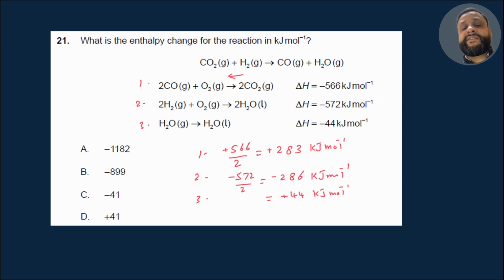So let's add 283 and 44, that gives 327. Take away 286, that will give me plus 41 kilojoule per mole, and the correct answer is D.